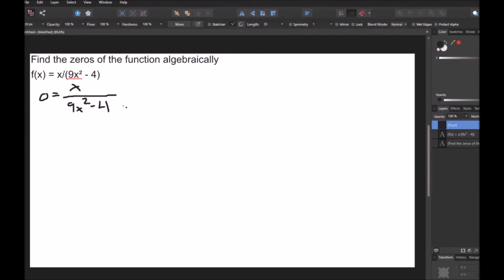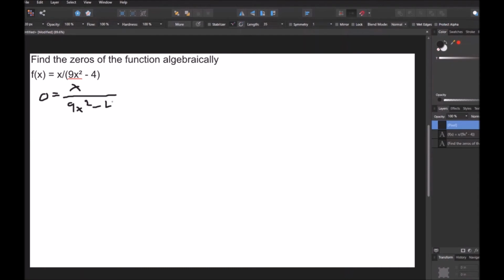And now you might be thinking to yourself that you're going to want to start by factoring this out into, what would it be? It'd be 3x plus 2 and 3x minus 2. You might be thinking about starting there, but even that, you don't even need to do that much.